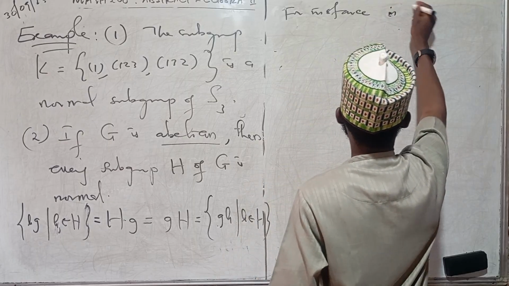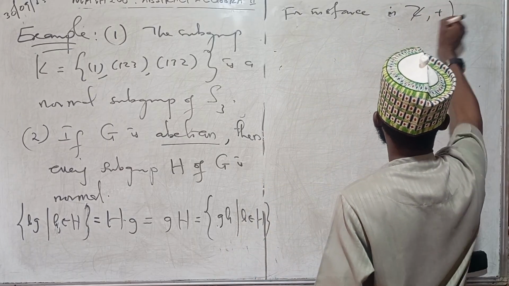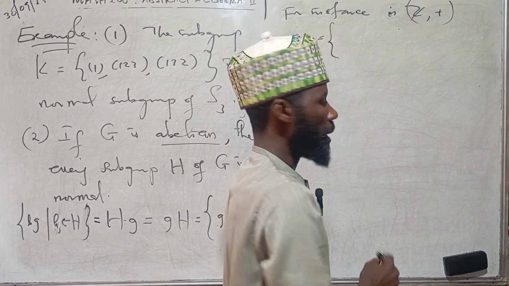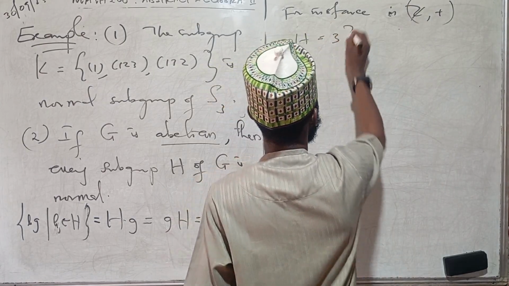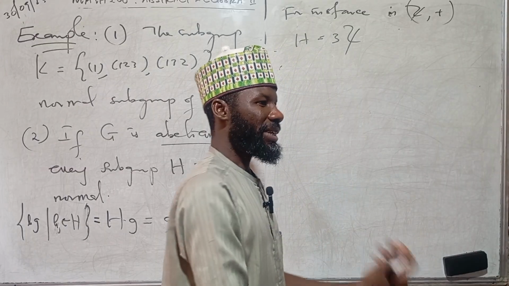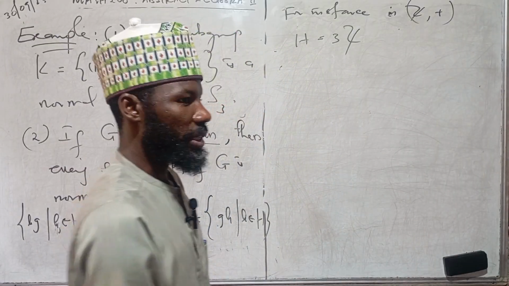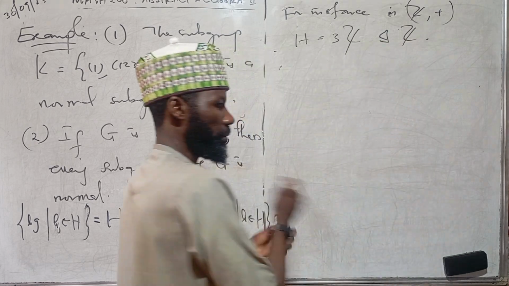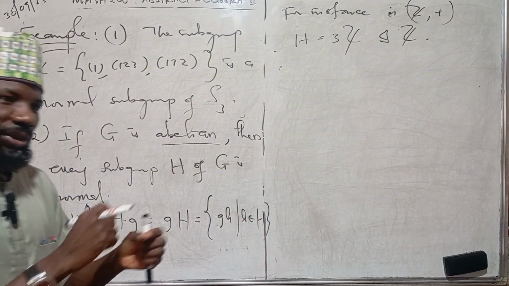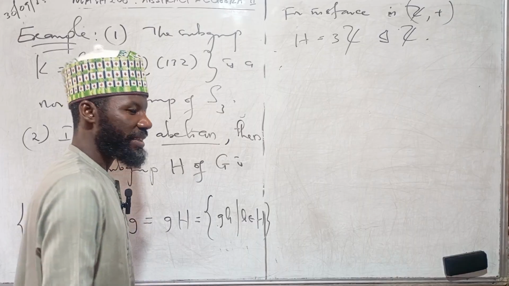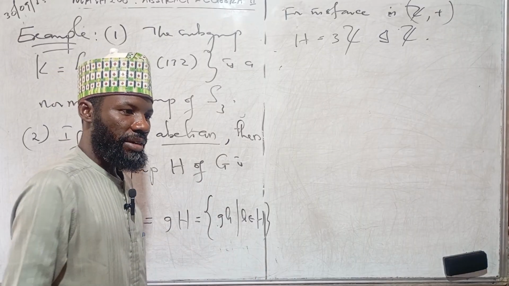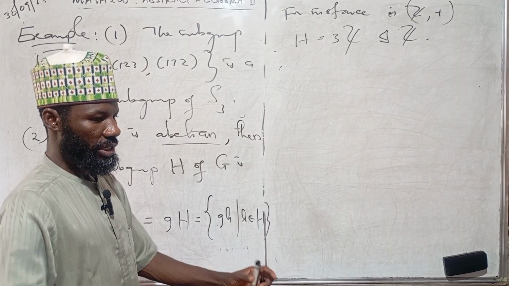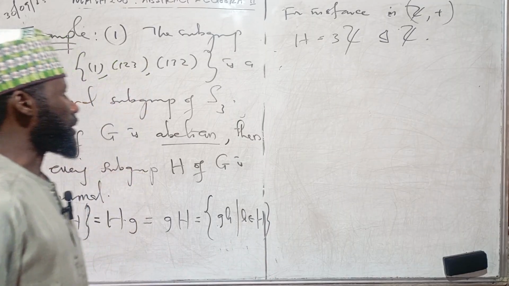In the group of integers under addition, Z plus, if you take H to be the subgroup of all multiples of 3, any one of them you take, is a normal subgroup. So it is a normal subgroup of Z, whatever subgroup you take, because the group is already abelian. I hope it's okay. The group of non-zero real numbers under multiplication, all the subgroups will be normal, and so on and so forth.